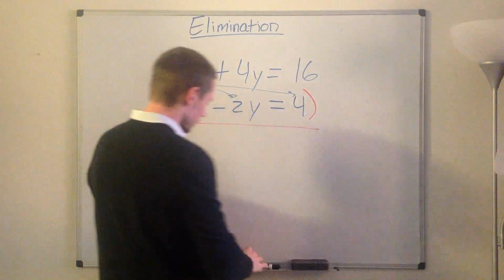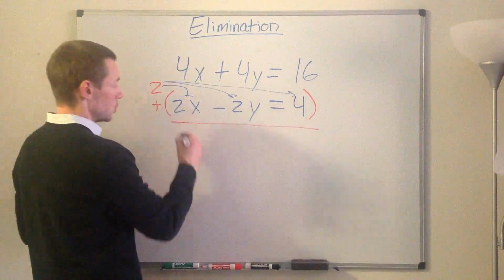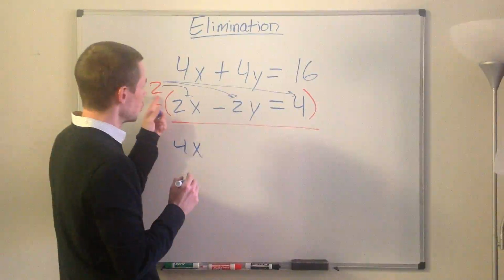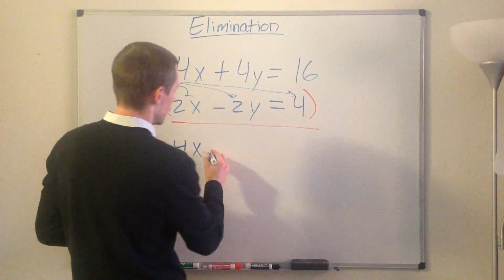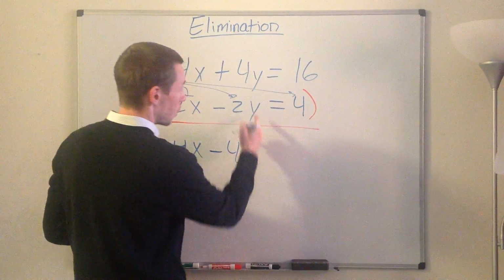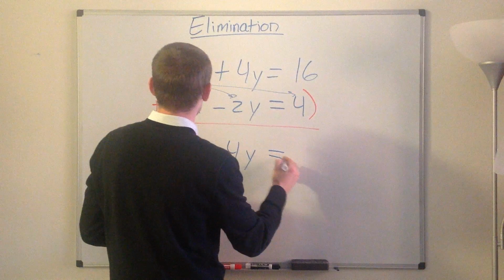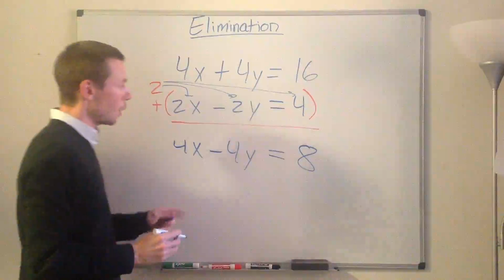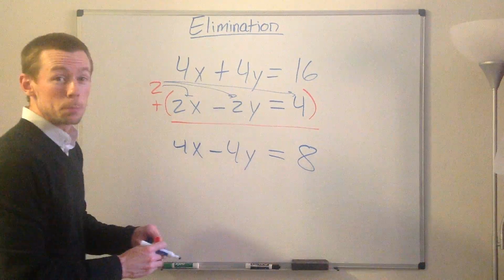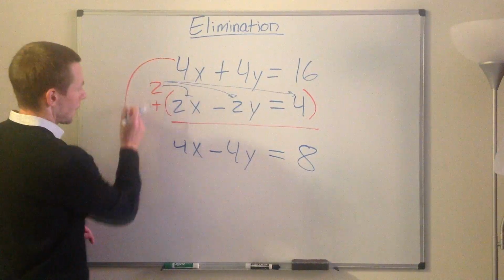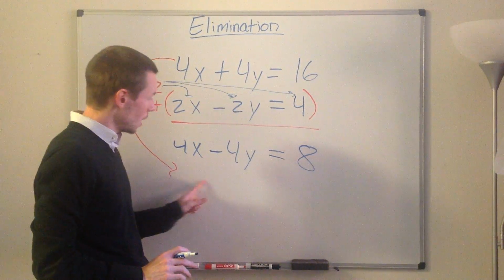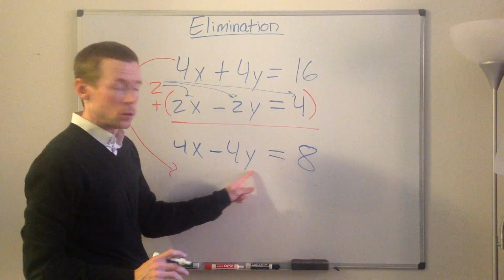So, what that gives me is 2 times 2 is 4x. 2 times a negative 2 is a negative 4y. And then 2 times 4 is 8. Now what I'm going to do is bring this first equation right underneath my new equation.